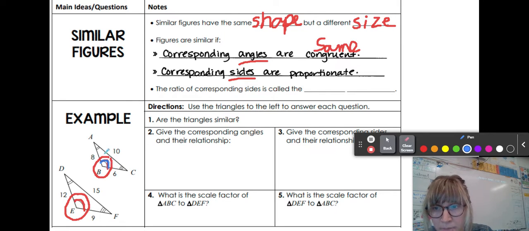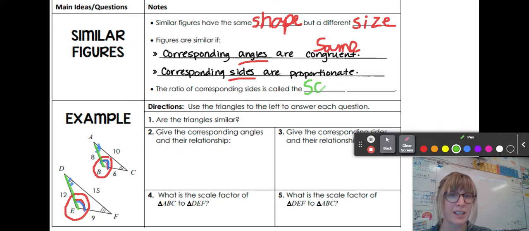So if we have angle B and this angle A, which has two lines, and over here we have D with two lines and E with one, right, then the side that is right here that is sharing angle A and angle B or touching them both will be proportional to this line here. Okay, so the measure of the corresponding sides are going to be proportional. So the ratio then of corresponding sides, what that's called is it's called the scale factor.